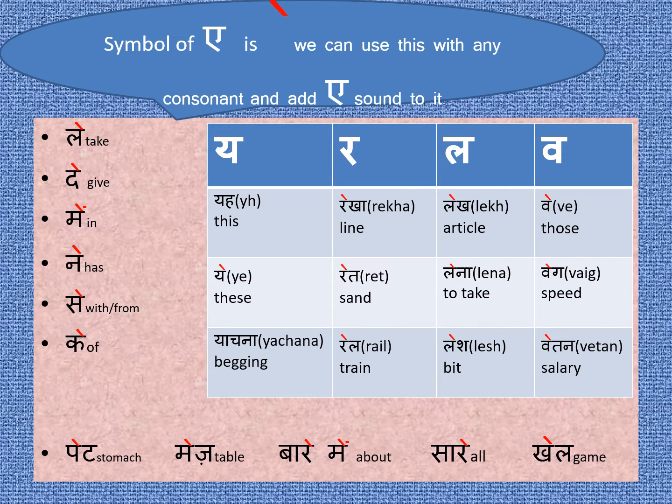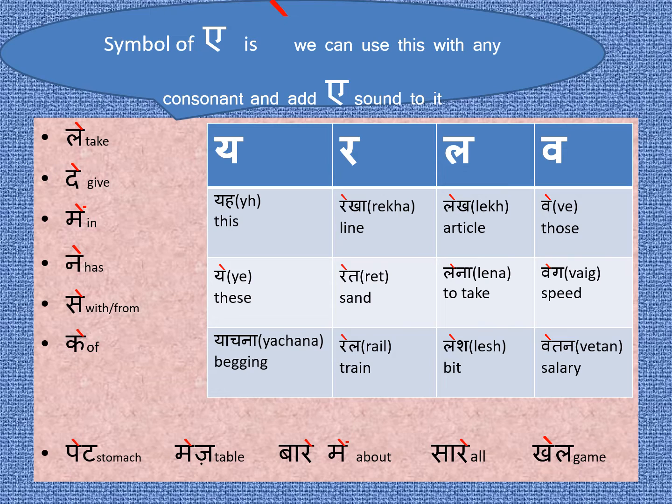Rekha, reth, rail. In the third column with la we have the symbol of A: lake, lena, lesh. With va also in the last column we have the symbol of A: ve, veg, vetan.